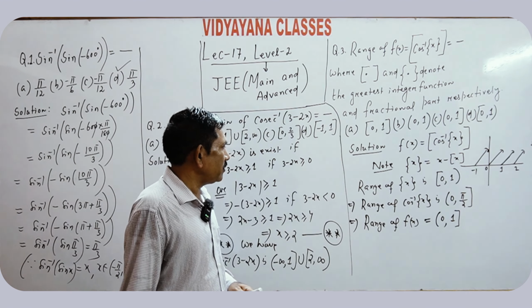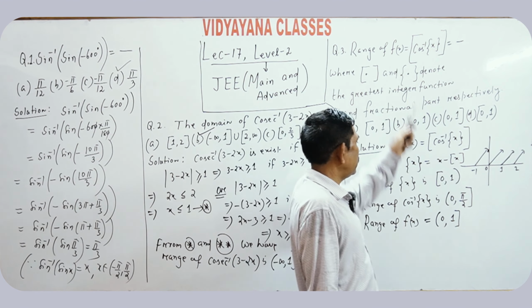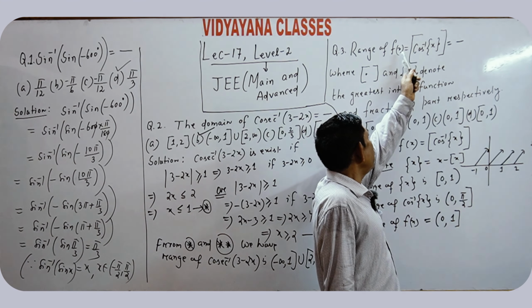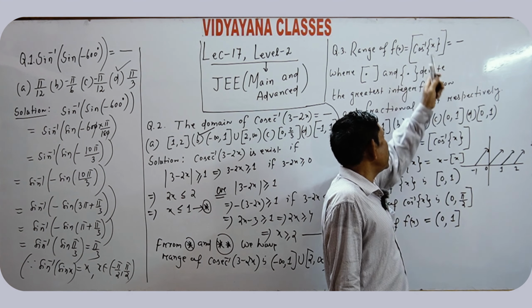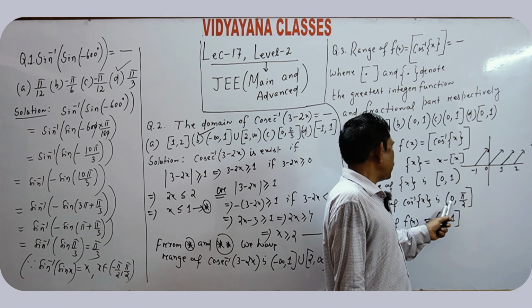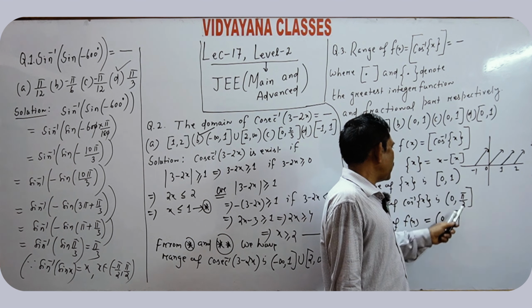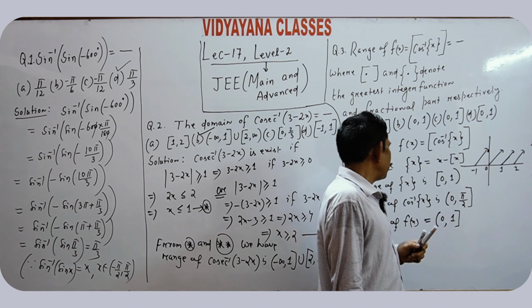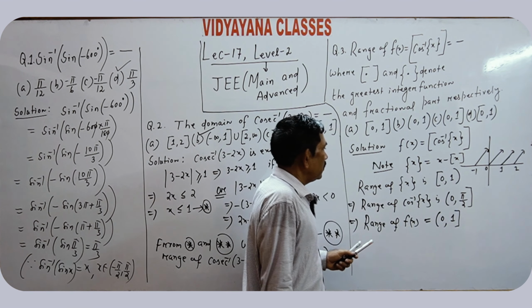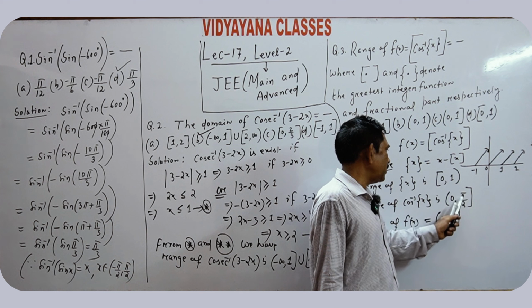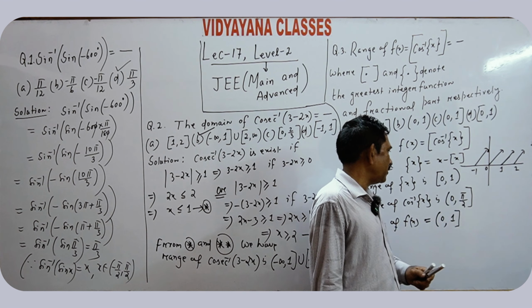Now we have to find the range of f(x). The range of f(x) depends on cos inverse of the fractional part of x. At 0 it is open, at pi by 2 it is closed. The bracket of pi by 2 is 1, since it is 22 divided by 14.